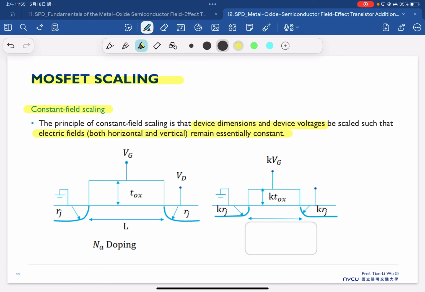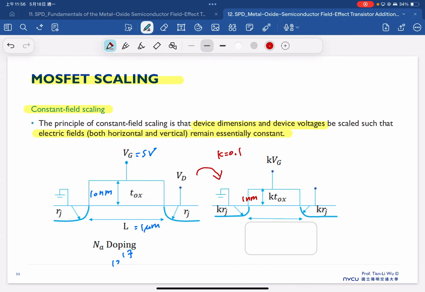For example, you consider V_G as 5 volts, and you have an oxide thickness of 10 nanometers, a channel length of 1 micrometer, and a substrate doping of 10^17. And then with constant field scaling, we consider a factor of around 0.1, and therefore we can have 1 nanometer.